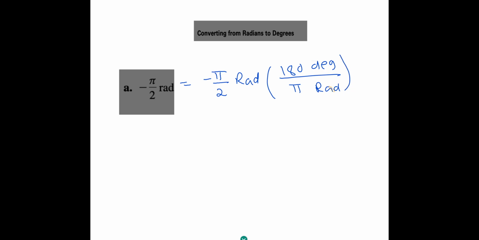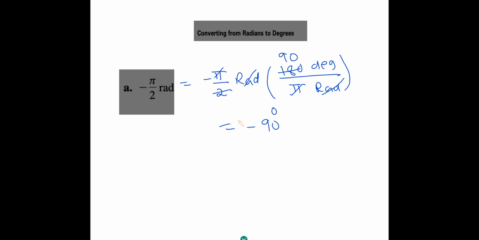So radian to degree: negative pi over 2 radian. We have to multiply this by 180 degrees over pi radian. So radian gets cancelled out, pi gets cancelled out, and the 2 and 90 work out. So it's negative 90 degrees.